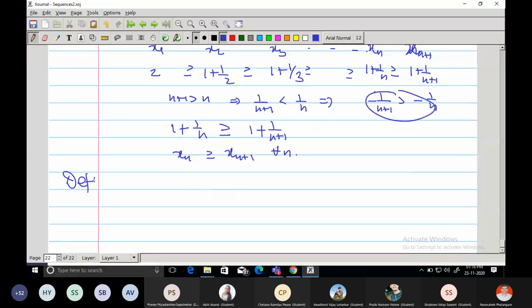Now a sequence xn is said to be a monotone sequence if it is either monotonic increasing or monotonic decreasing.